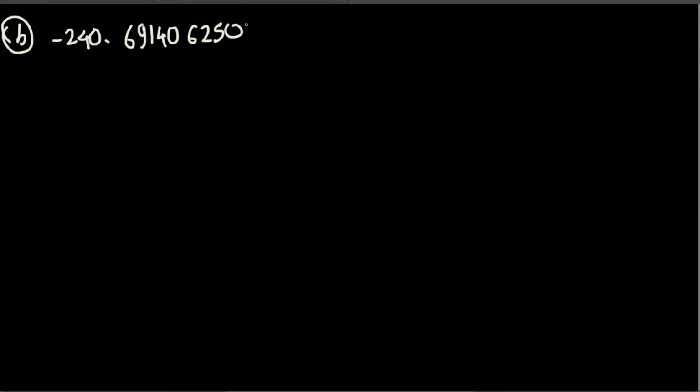And since this is a negative number, we put a sign bit, that is 1. And then we take the positive part of it, that is 240.69140625. We convert this one into binary, then only we can find out the exponent and the mantissa.